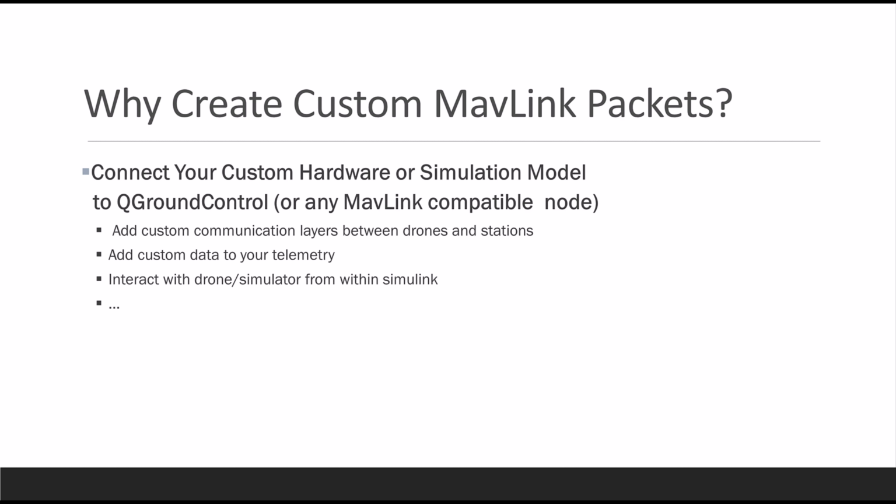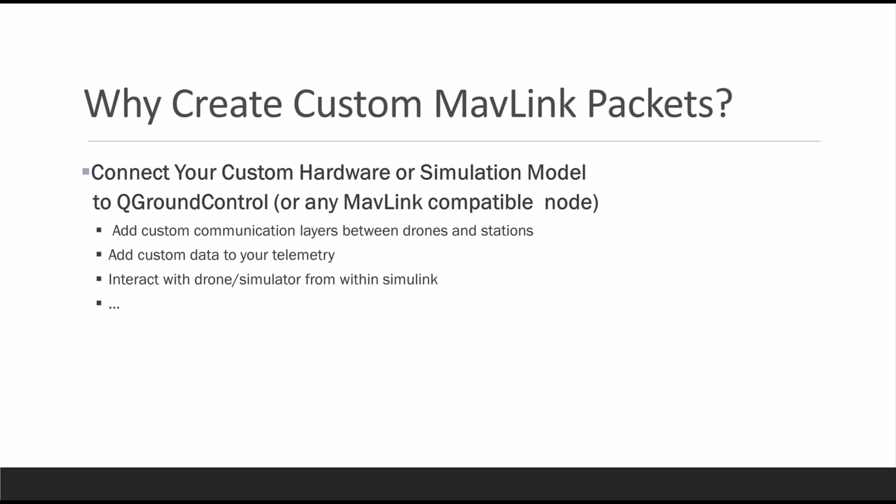There are some other applications where you may need custom MavLink packets as well, such as a communication layer between the drones and the station. For example, if your drone is part of a swarm or drone show application, maybe you want your drones to communicate with each other or share their trajectory with each other. In that case, you might need custom MavLink packets sent between your drones. Or you might need some custom data.